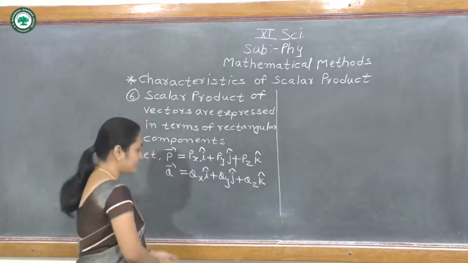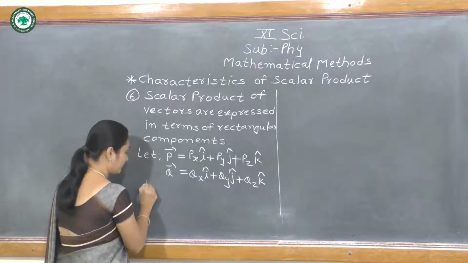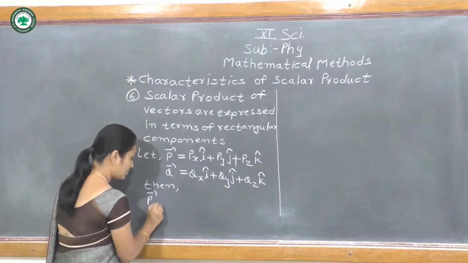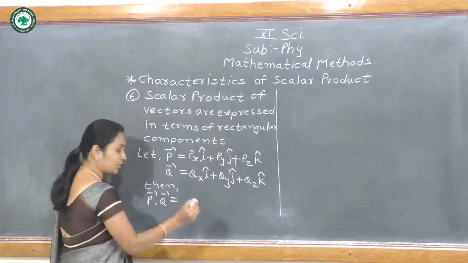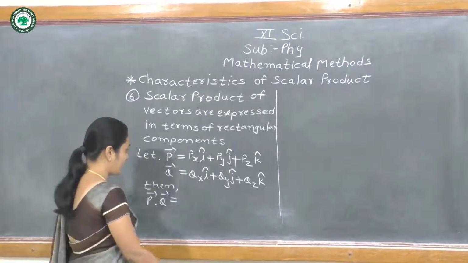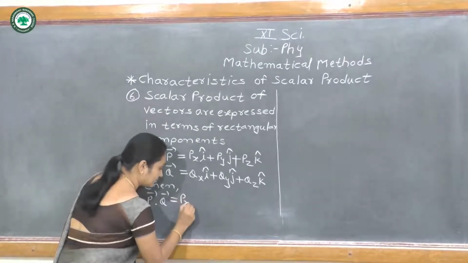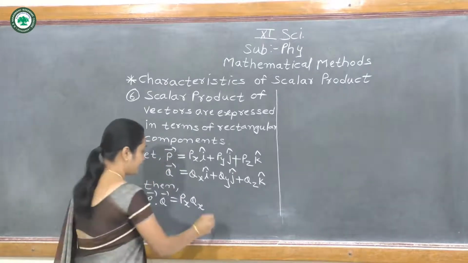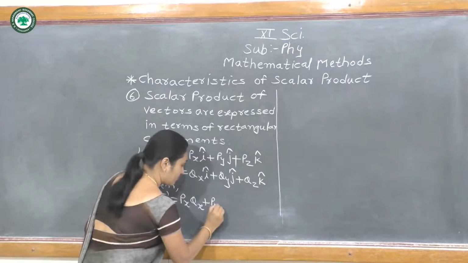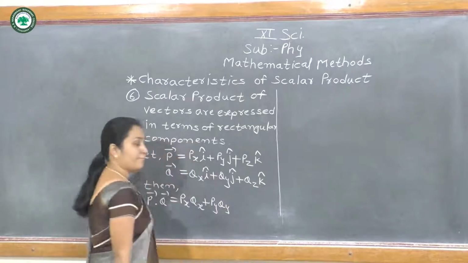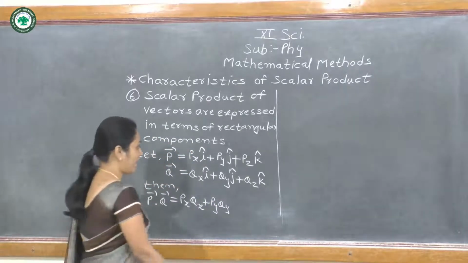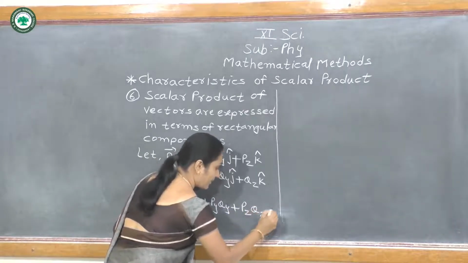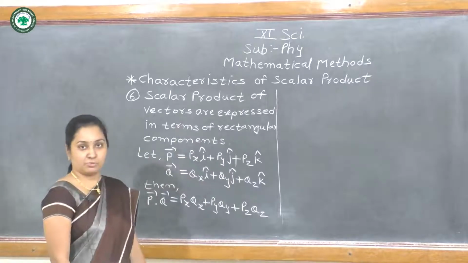Then we have p bar dot q bar is equal to px qx plus py qy plus pz qz.